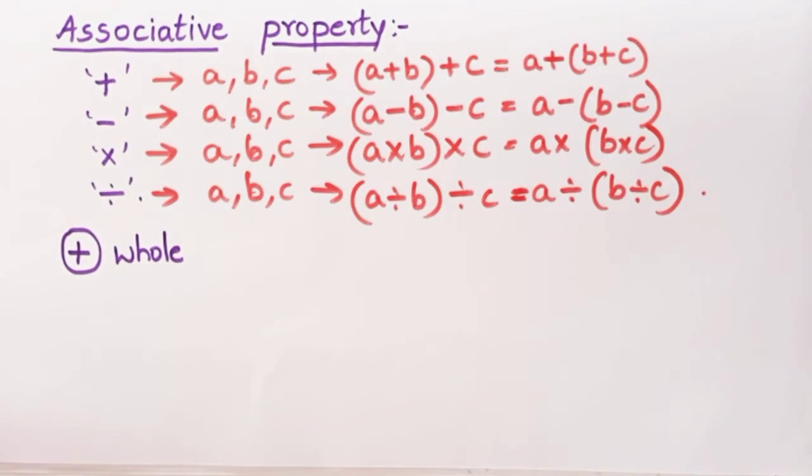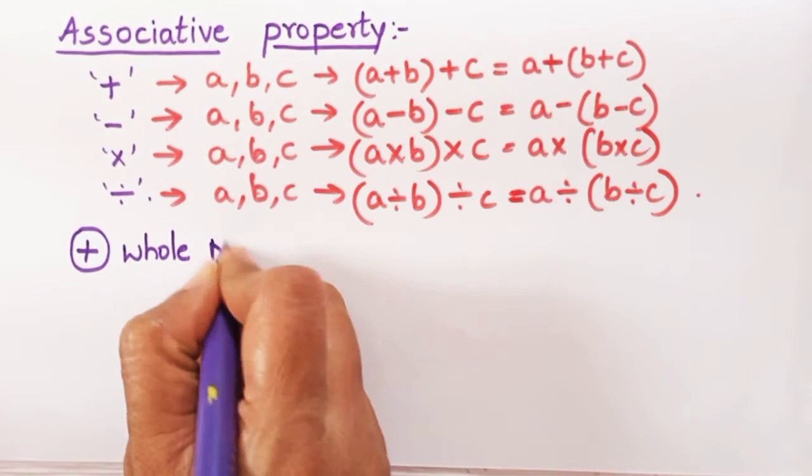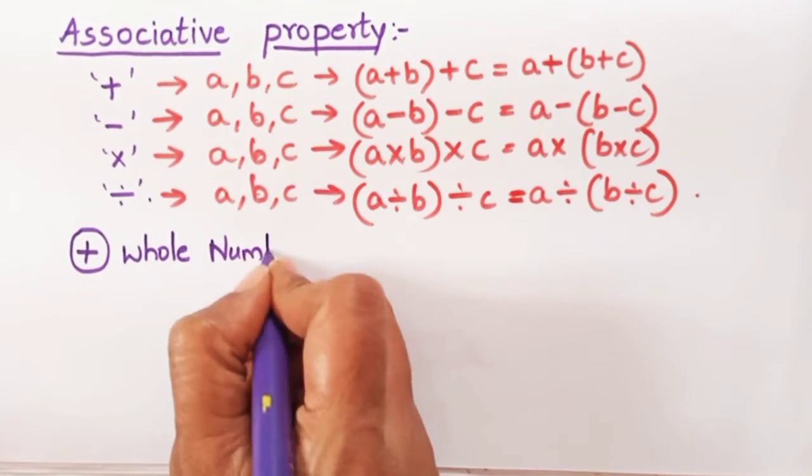We are checking everything with whole numbers, then integers and then rational numbers, so that you will become quite thorough with the property because you are verifying it thrice, so that there is no confusion in the property. First let us check this with whole numbers.